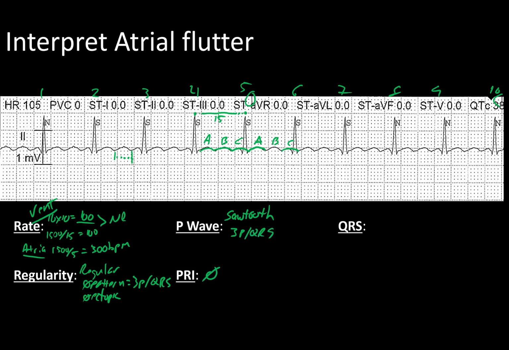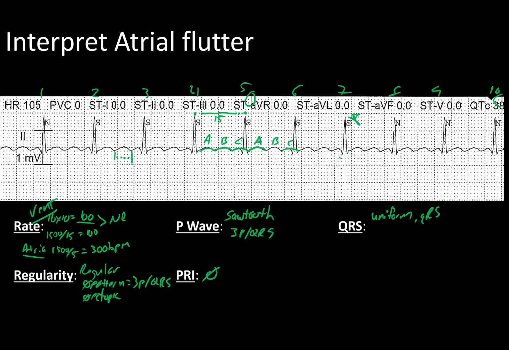We can't measure a PRI. As for my QRSs, they are uniform, and they have the QRS pattern, particularly number 7. You can really see that.